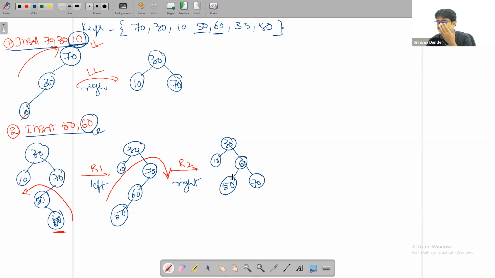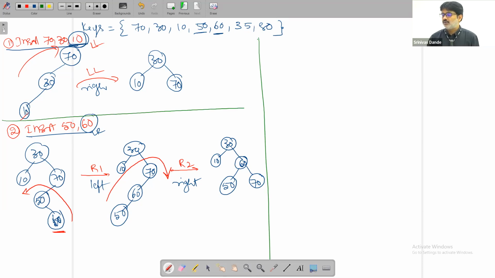Next. I have only two more elements. The two more will also cause problems. So third case I'll take. In the third case, I will insert 35.